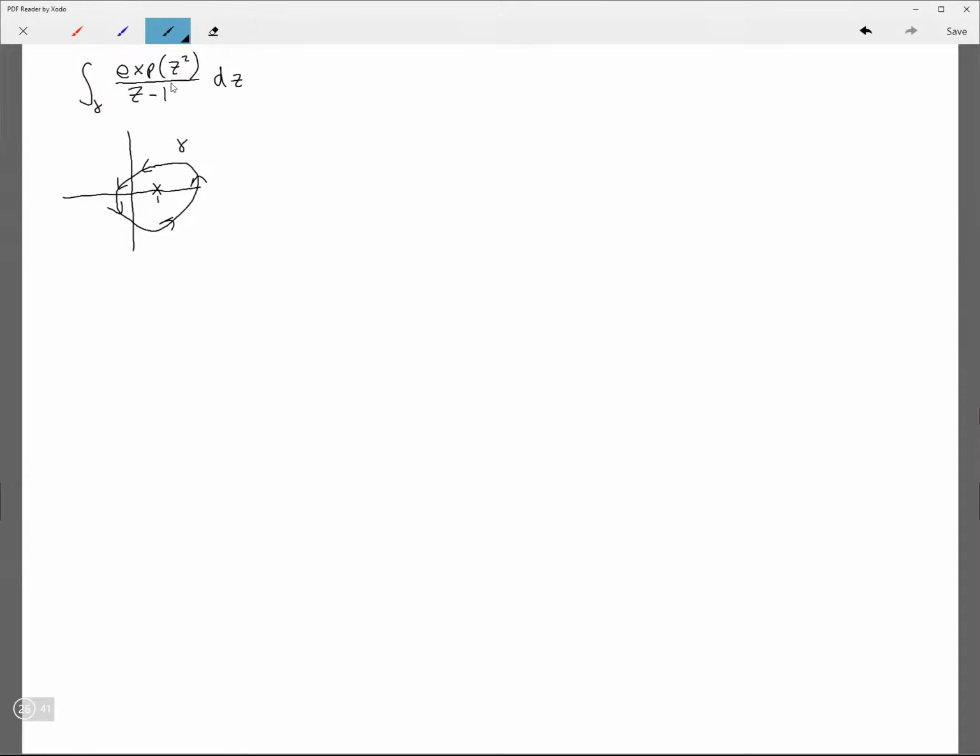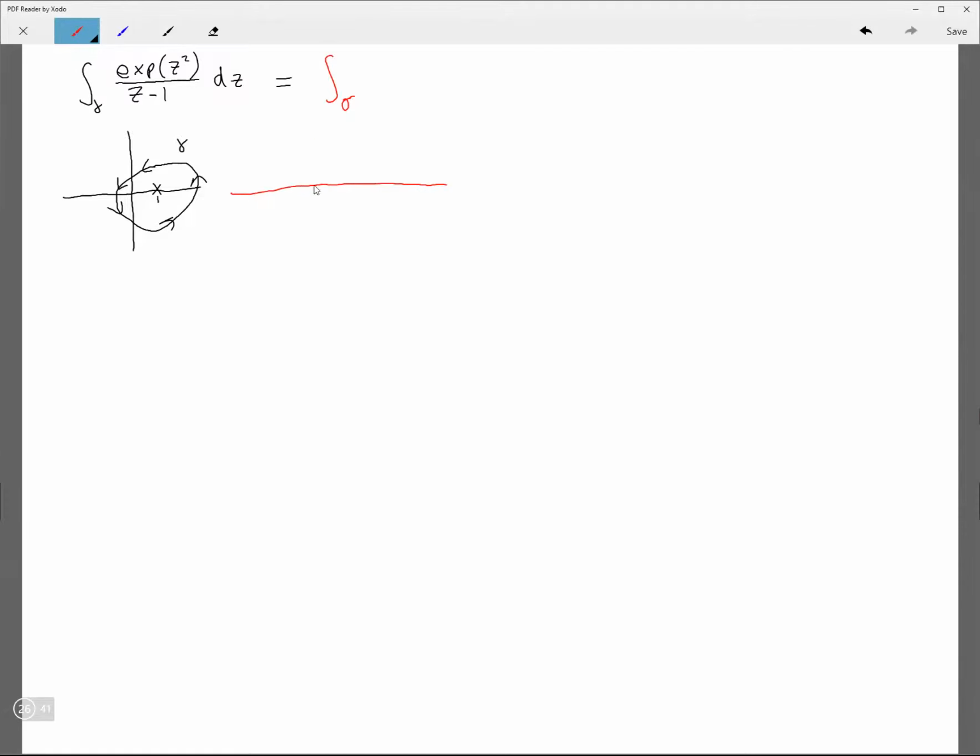Let me show you what you can do with this. This looks pretty nasty, right? And you don't even have a formula for gamma. However, you do know that, let me blow things up.